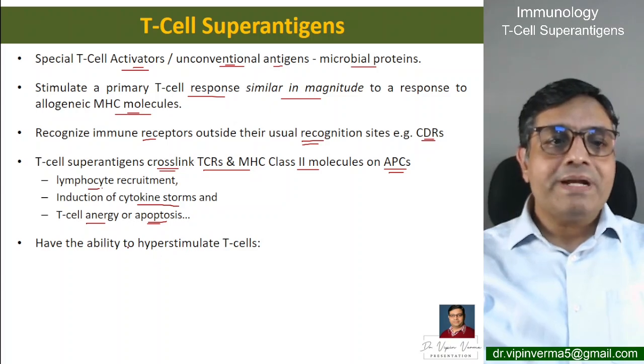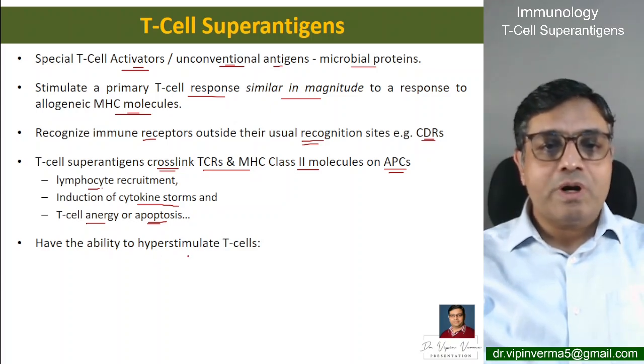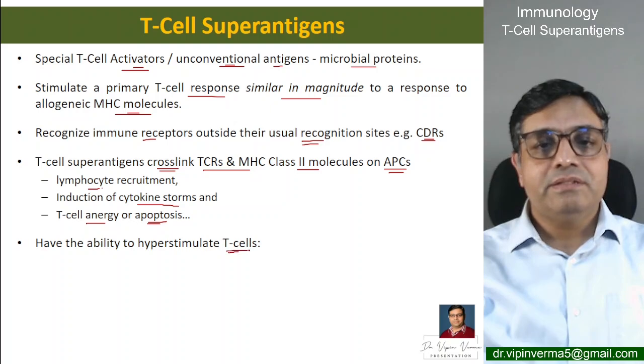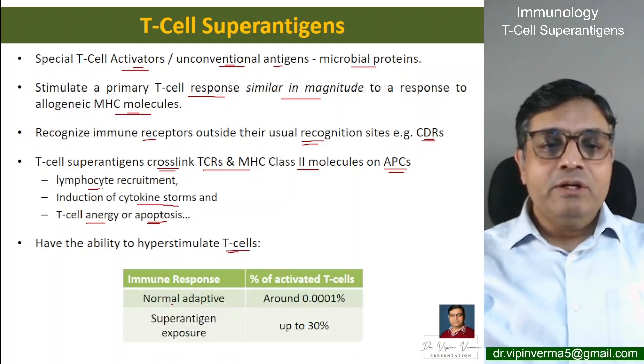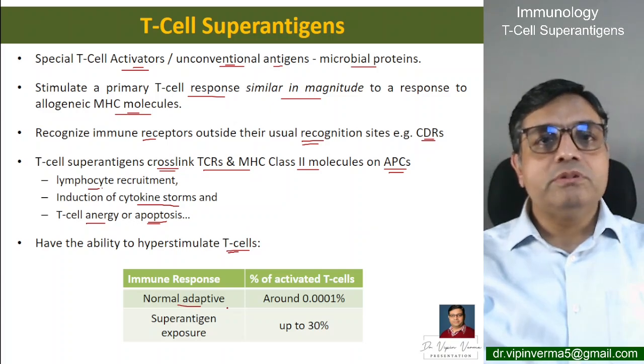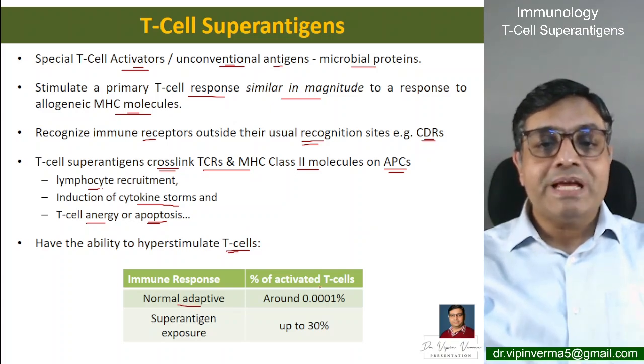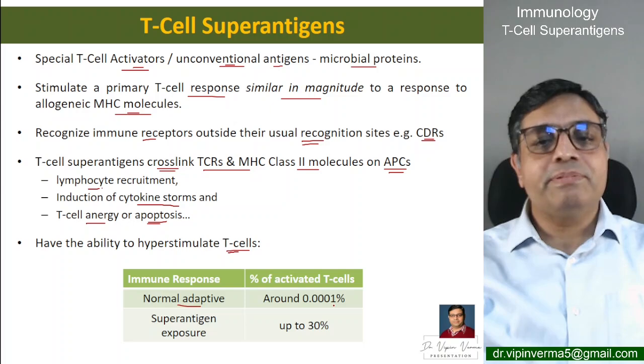Now, these superantigens have the ability to hyperstimulate T cells, right? How? You see the difference here. In the normal adaptive immune response, the percentage of activated T cells is somewhere around 0.0001%.